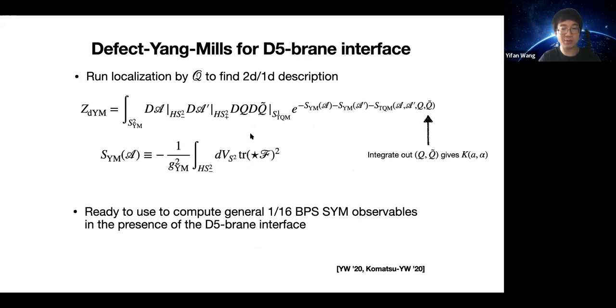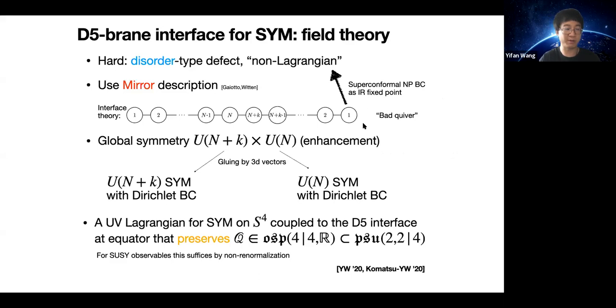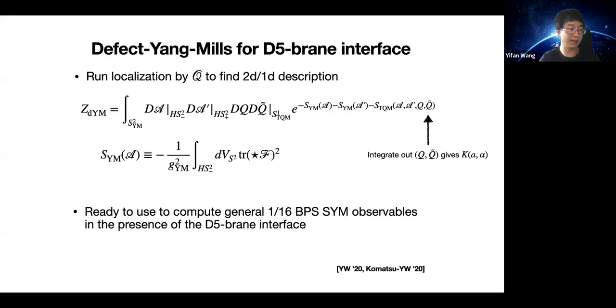And as you would expect, there are some degrees of freedom coming from this defect insertion that live on the equator of the S2. They are parameterized by Q and Q tilde schematically here. And these 1D and 2D degrees of freedom are coupled together by this action of this topological quantum mechanics, which follows from this quiver, but it's rather complicated, so I'll not give the explicit form here.